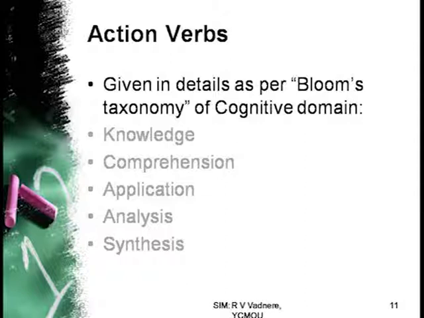One step further, we have comprehension, where you see the meaning of each word in that particular sentence, and then you relate them and try to make a meaning. That is called comprehension. You have gone one step further and comprehended the meaning of the sentence.